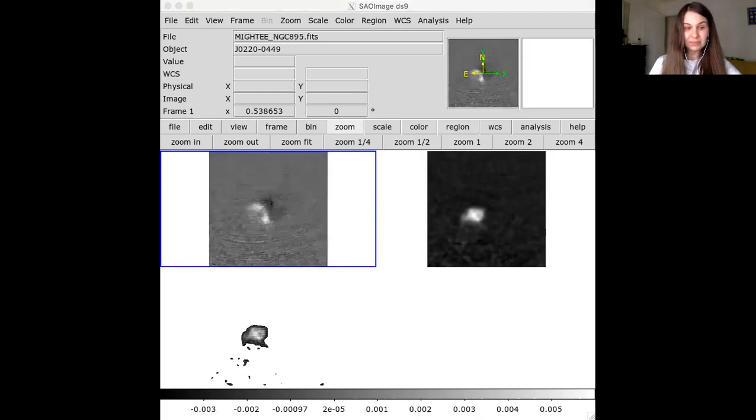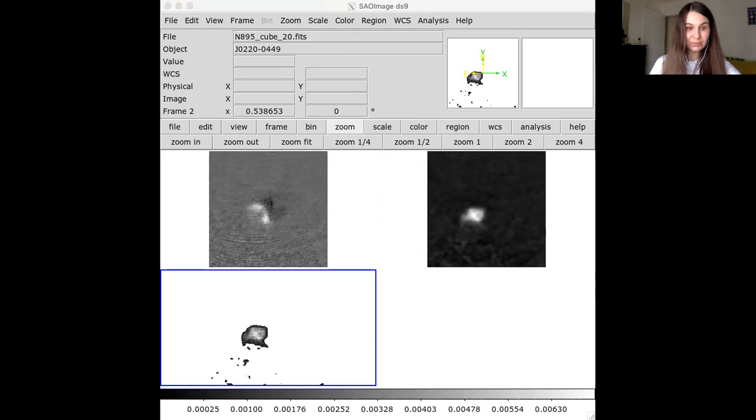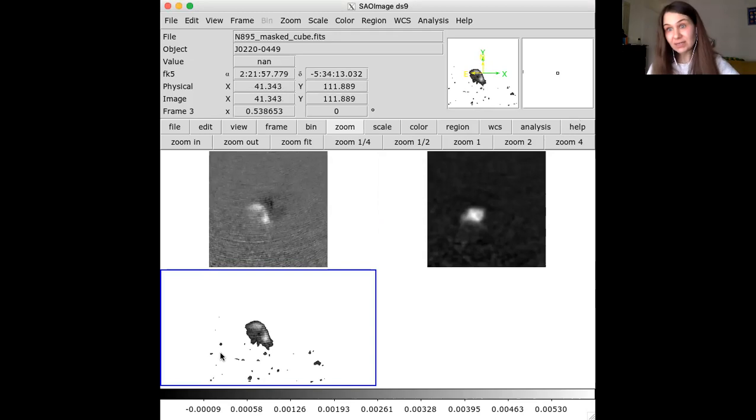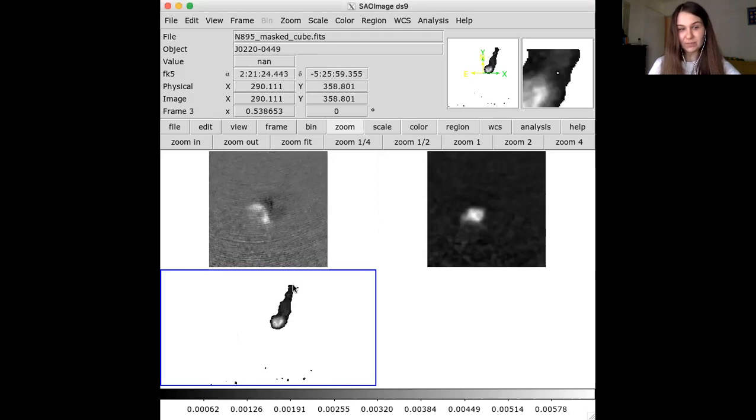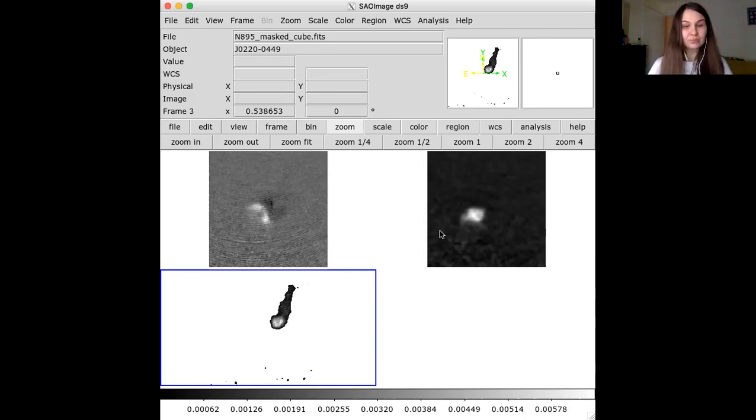And if we keep scrolling through the mask cube, you will see, of course, there are a couple of noise peaks here. As I said, noise is not perfect in real data, and some noise will be higher than 3 sigma. But overall, you see that this cube consists only of the emission of this galaxy. And for example, this tail, we can barely see it here in the original resolution, but we preserved its shape, we kept it because we used the mask of the smooth cube.